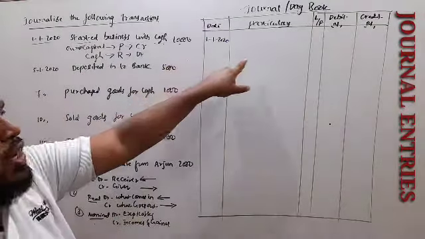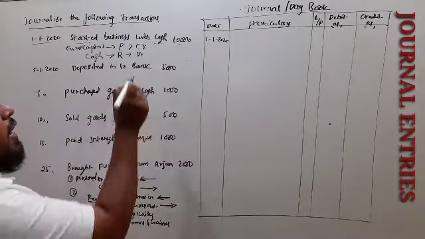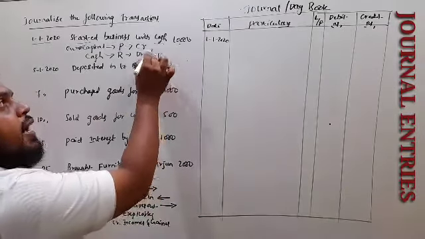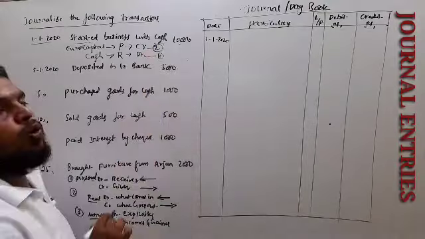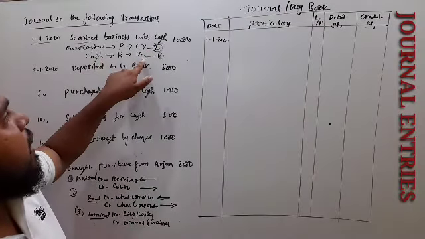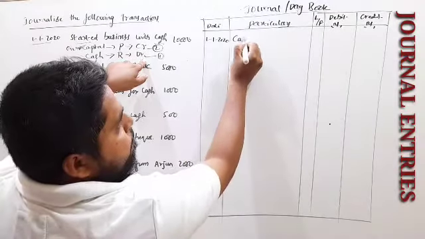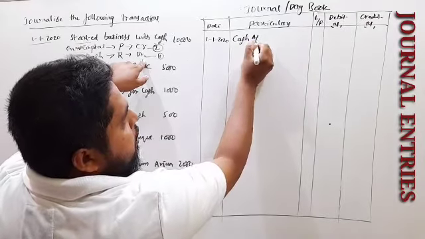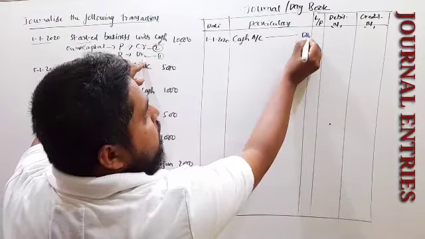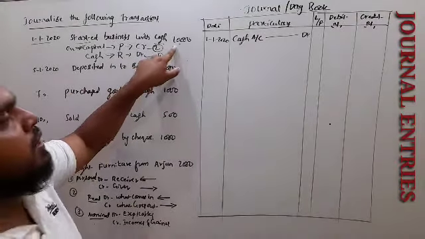First, in journal, the debit entry you have to pass, and second, the credit entry. So this is the first debit entry, cash account. Cash is debited here. How much? 10,000.